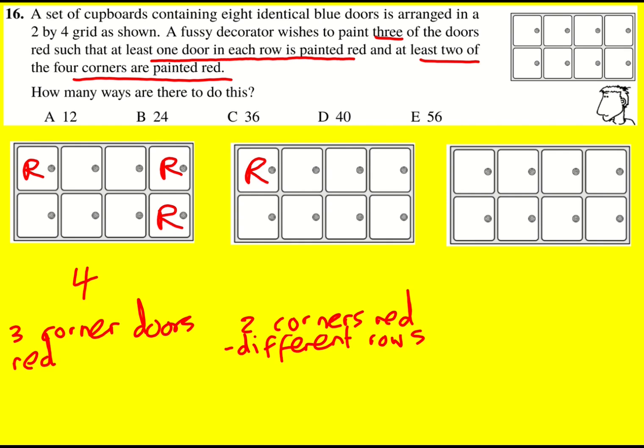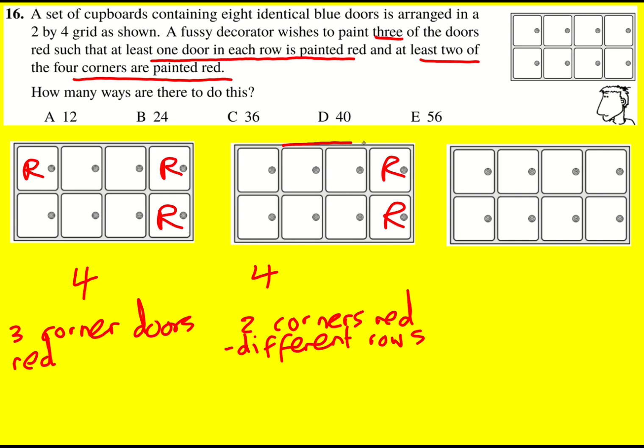So I could either have red here and red here, or I could have these 2 red, or I could go with these 2 red, or these 2 red. So actually it's going to be 4 different ways that I can paint the 2 corner doors red such that they're in a different row.